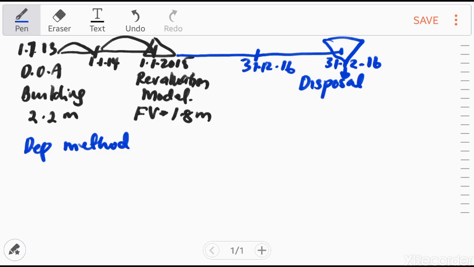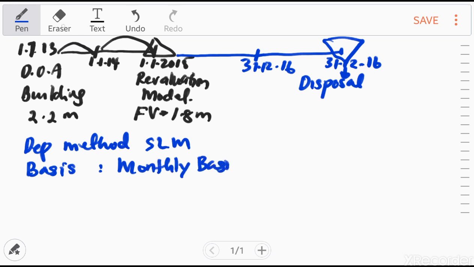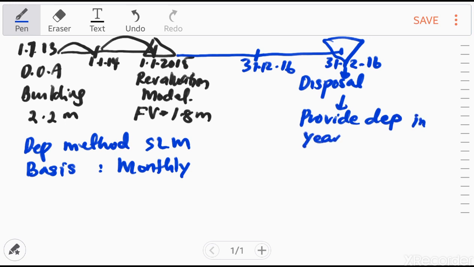So it is actually straight line method, and in terms of basis, you are informed it's monthly basis. So if it's monthly basis for disposal, you still will provide depreciation in the year of disposal.